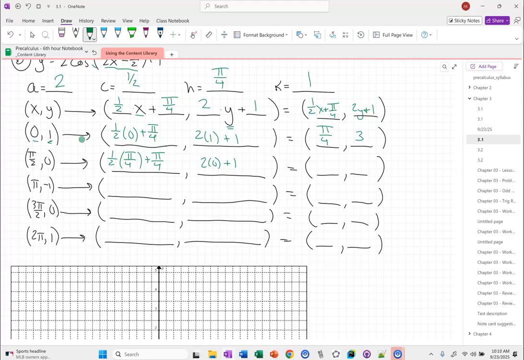You can do that arithmetic on your calculator if you remove the pi's. So if you just do 1/2 times 1/4 plus 1/4, your calculator is going to spit out 3/8, and you just put a pi on the top.